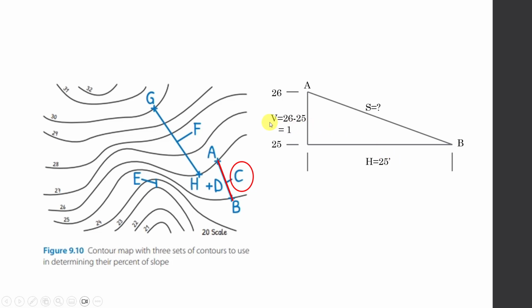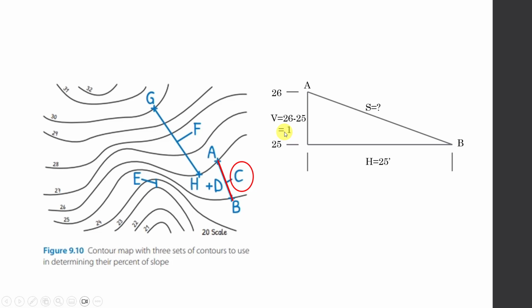What's the vertical distance? Well, it is moving from contour line 26, you can find that over here, at point A, to contour line 25, you can find that right here, to point B. So we're moving from 26 to 25, and your vertical distance is 1.